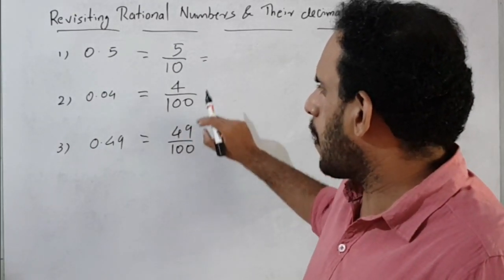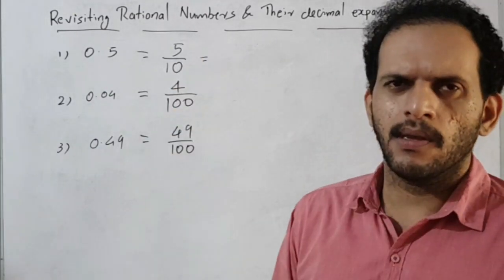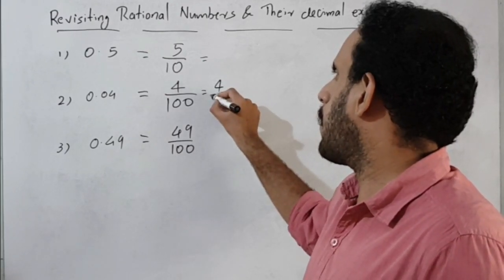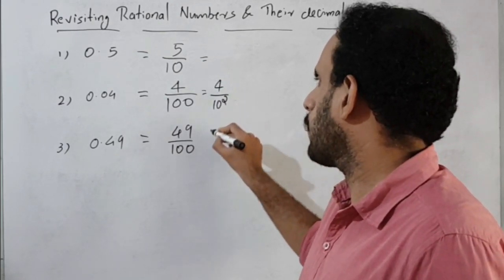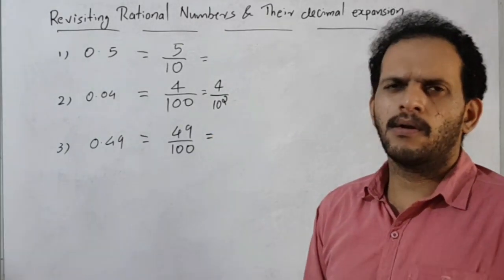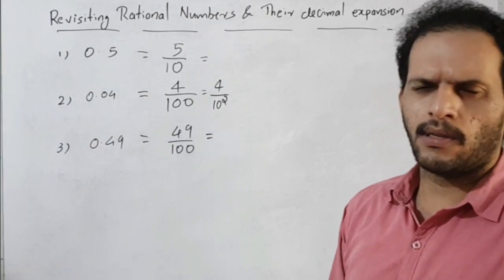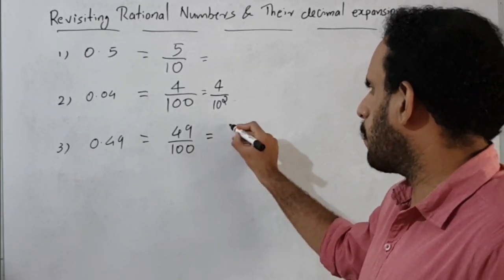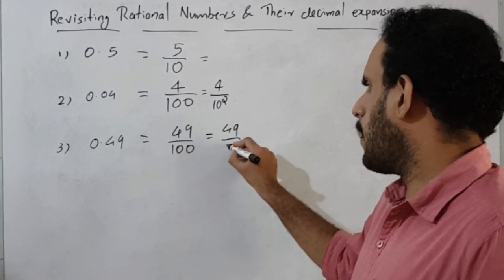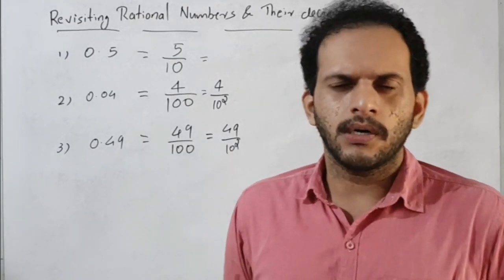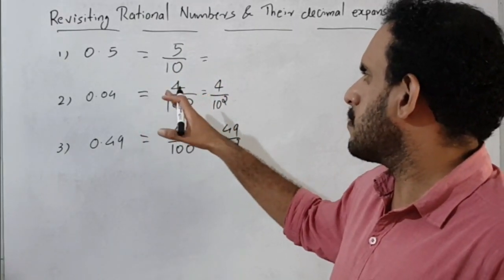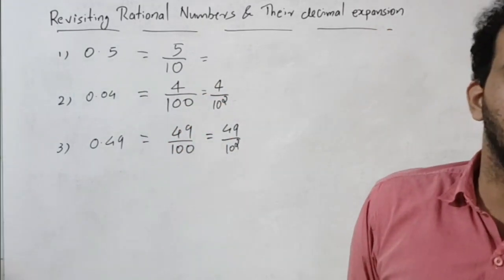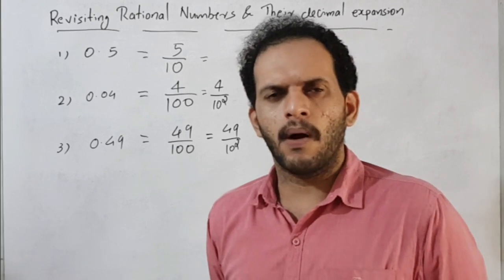So how do we convert 100 into the form of a power of 10? 100 is the second power of 10, 10 raised to 2. So 4 by 10 raised to 2, and 49 by 10 raised to 2. That means we converted all the denominators into the form of powers of 10.